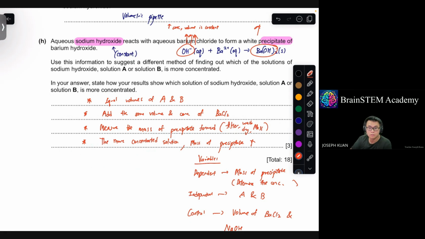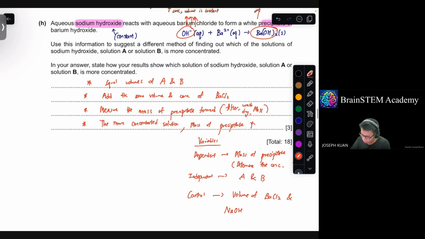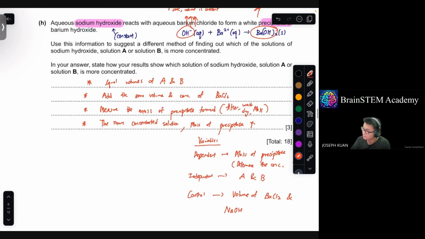Right. Yeah, pretty much that's it. All right. So if you want to make sure that you are able to plan the experiments well, list down your variables. It makes things clearer.